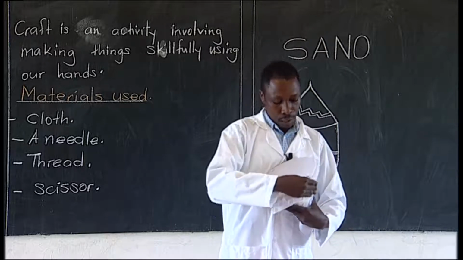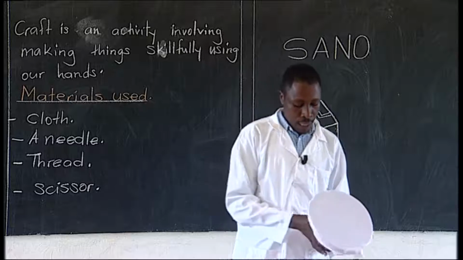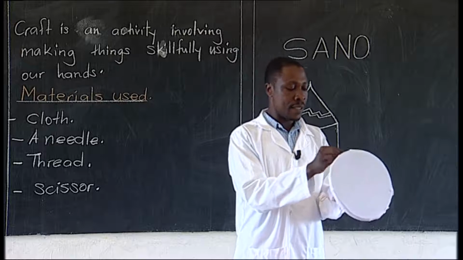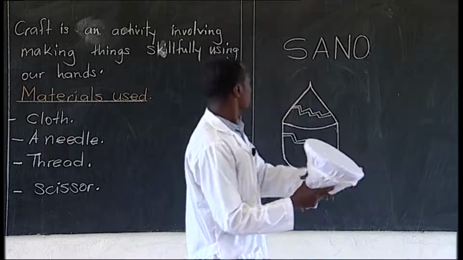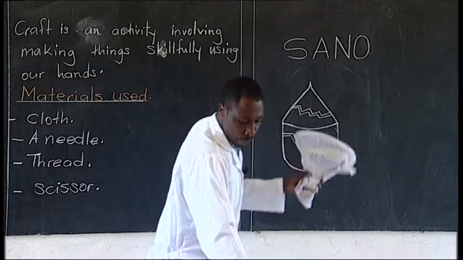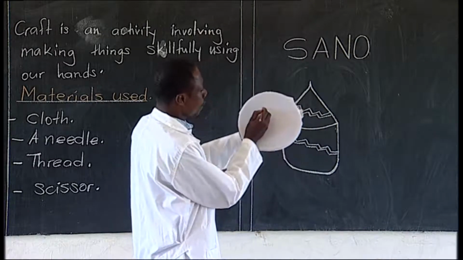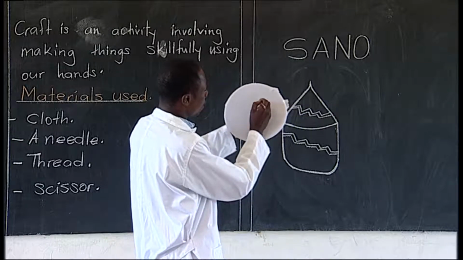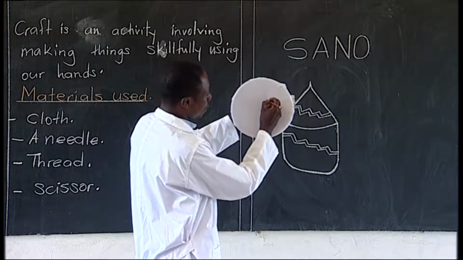Okay? Good. Then after, get a pencil. First sketch the name Sano. Get a pencil or a pen. Write the word Sano, like this.